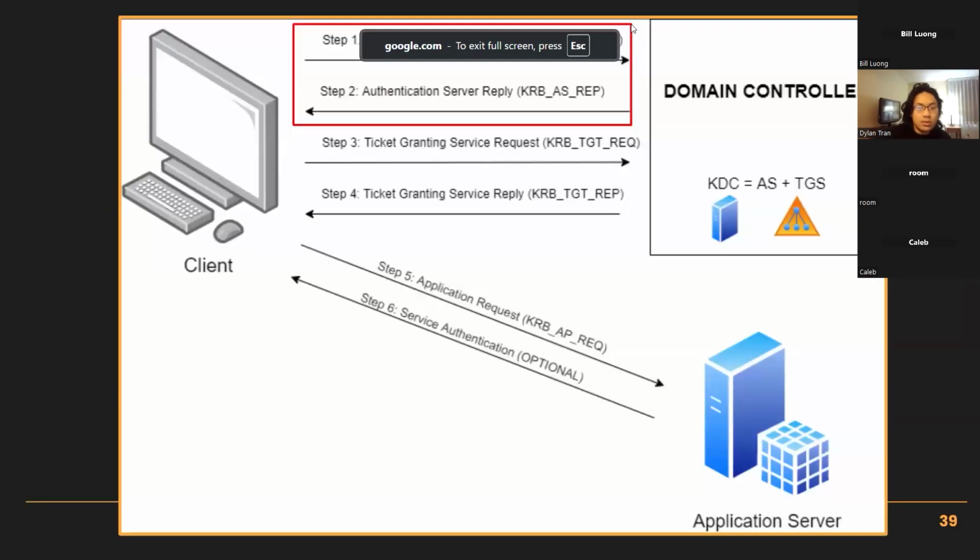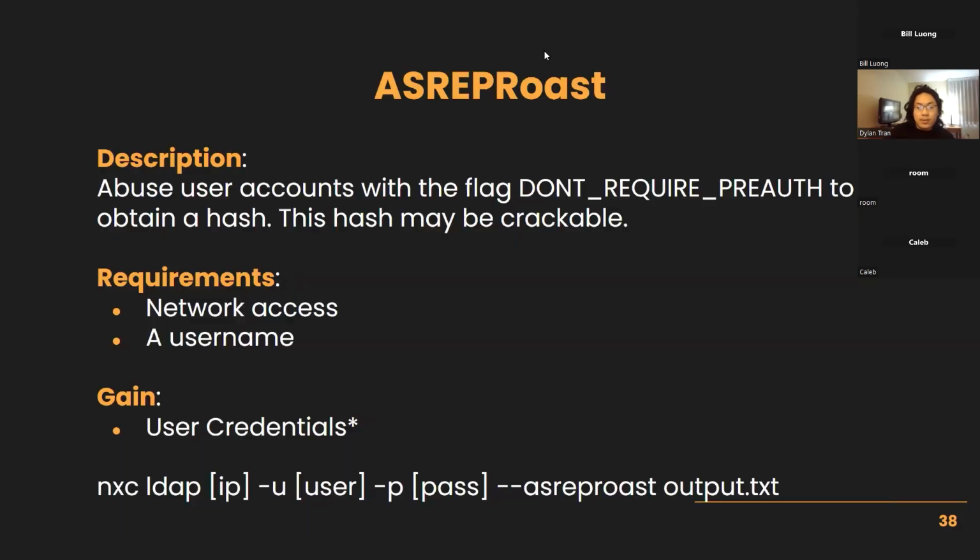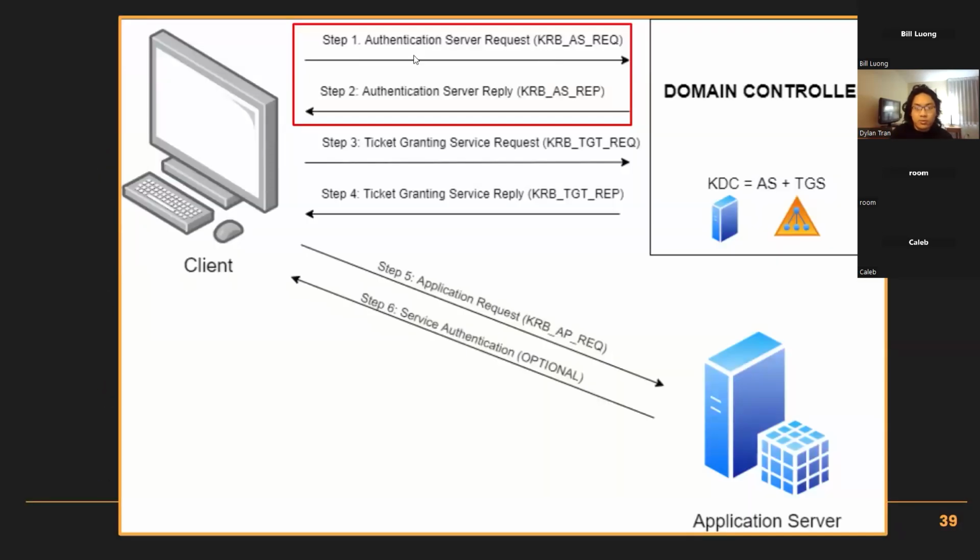Okay. So like I said, the first two steps of Kerberos authentication, where you get your TGT that you will later use to get service tickets, require the first authentication step being the AS-REQ. If we don't require pre-auth on the user we're trying to authenticate with, we get to skip this first step and we immediately get our KRB_AS_REP.